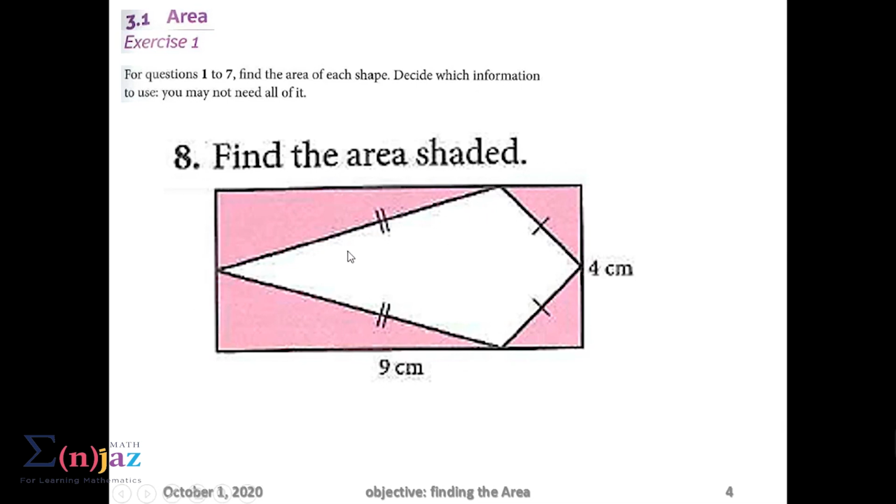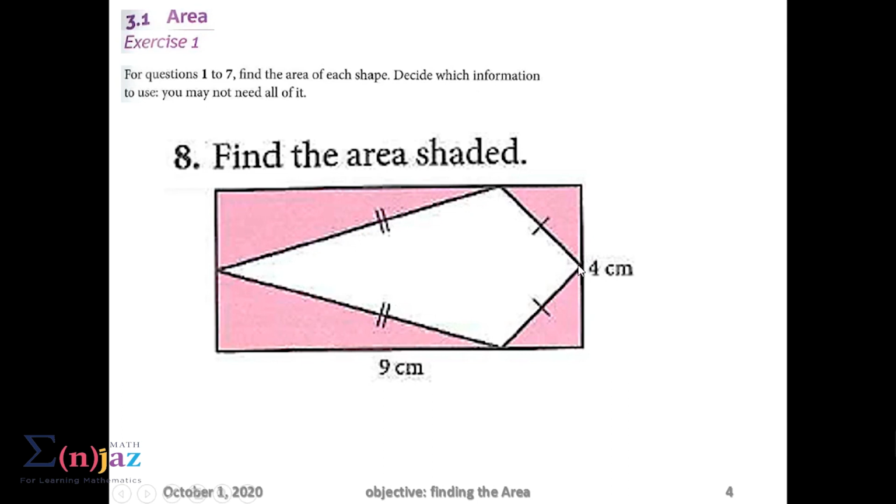And inside this rectangle, there is a kite. How do we know that it is a kite? Every two adjacent sides are equal. We have four sides and four angles.